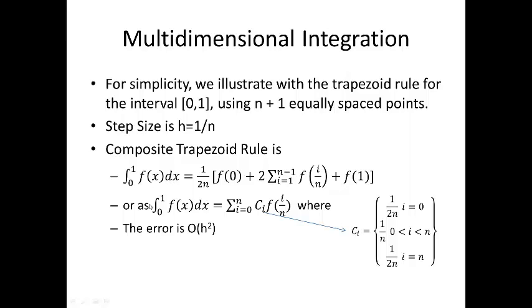Or we can write it in the following way. The integral from 0 to 1 of f of x dx is the sum from i equals 0 to n of c sub i times f of i over n, where c sub i is equal to 1 over 2n at the endpoints i equals 0 and n, and 1 over n otherwise. The error in this is O of h squared.